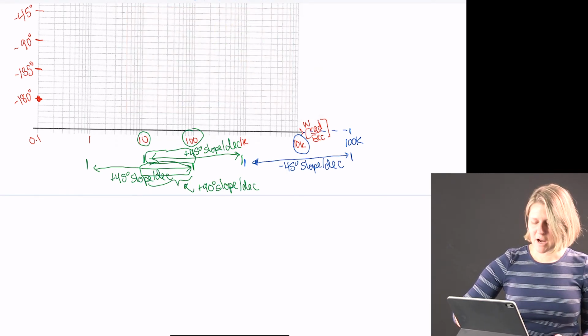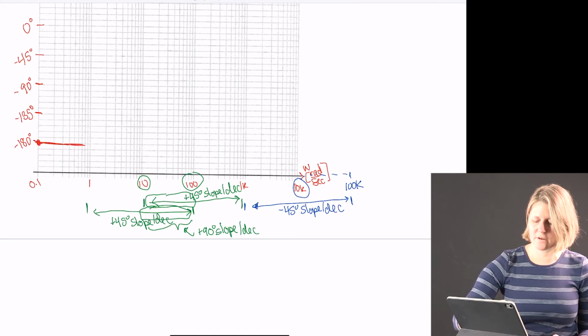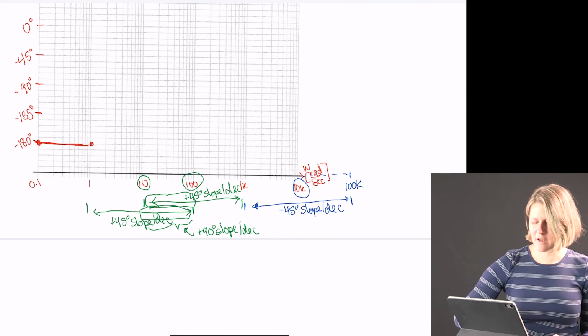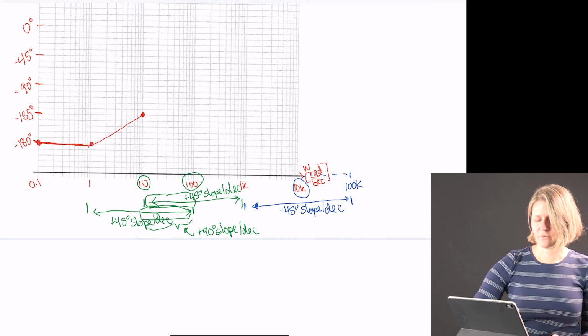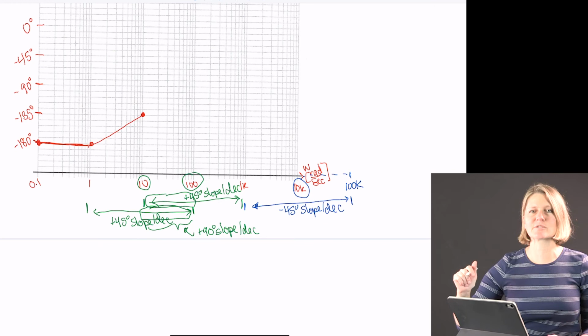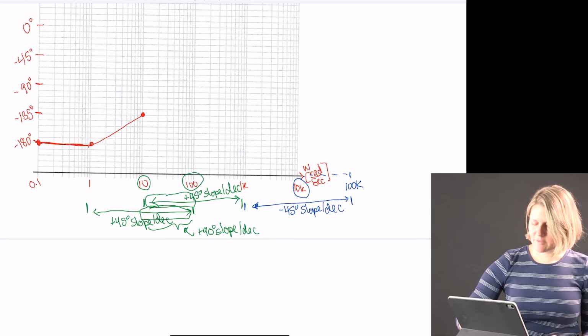So I go back to my graph. I don't have any effect in here till I reach 1. So at 1, I have a plus 45 degree per decade change. So I'm going to change from 1 to 10, 1 decade. I'm going to go from minus 180 plus 45 gives me minus 135. And then I have a 90-degree change from 10 to 100.